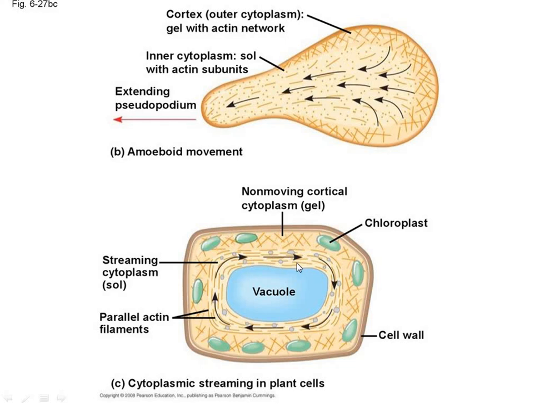Here these actin filaments are arranged in parallel chains, but in the cytogel you can see that actin filaments are in the form of network, and these filaments, which are in rows in case of cytosol, they help in the movement of the cytoplasm, and this movement is called cyclosis. And in this case, you can see that due to the cyclosis, chloroplasts can move from one place to the other place. Especially they move to the site where they can absorb maximum sunlight.